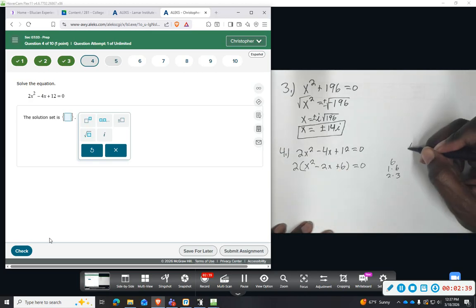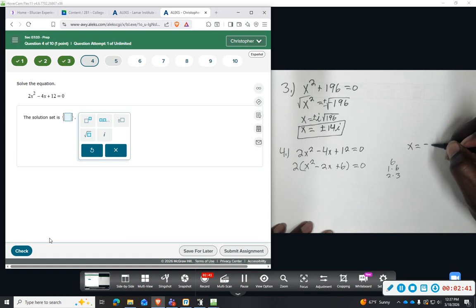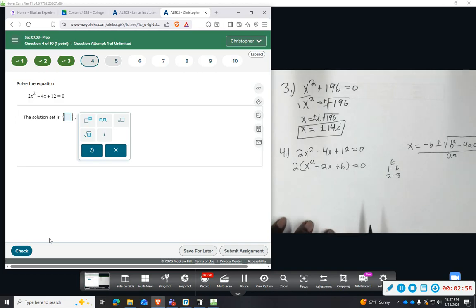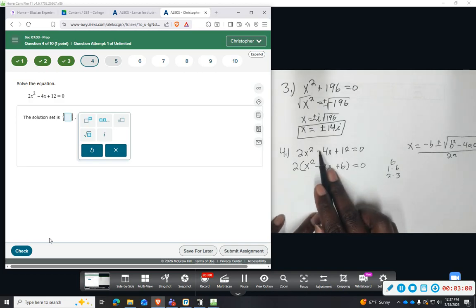So if you remember quadratic formula, x equals negative b plus or minus the square root of b squared minus 4 times a times c, all of that divided by 2 times a. So just going to plug in each of those values. We'll leave it in the original form. So we're going to do the opposite of b. b is negative 4.